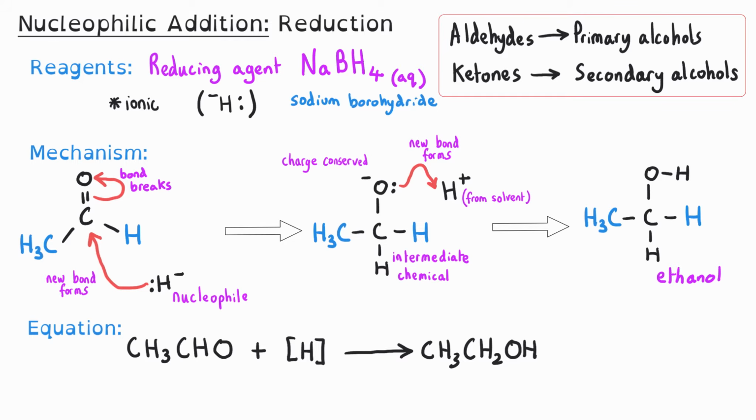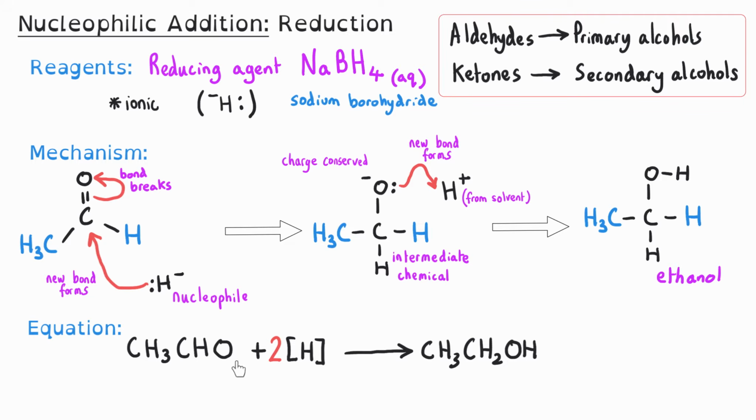Just like we can do the same with a capital O for oxidation when we're using an oxidizing agent. And then to balance this, we actually need to put a big 2 as our coefficient in front of the hydrogen from the reducing agent because the aldehyde is gaining 2 hydrogen, 1 from the nucleophile and 1 from the solvent.